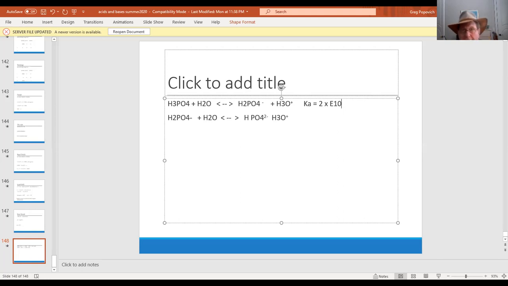Okay, 7.5 E to the minus 3. All right, just looking at dihydrogen phosphate, it's not in here.